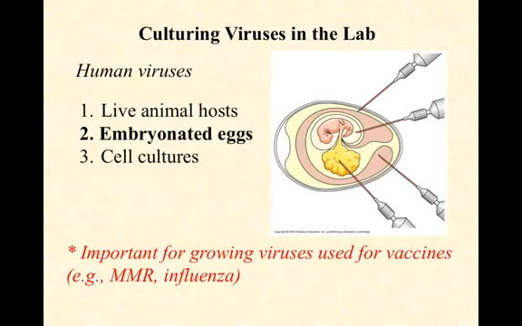And so we often use embryonated chicken eggs for preparing virus for vaccines. The MMR vaccine is prepared in chicken eggs. The influenza virus is typically prepared in chicken eggs.